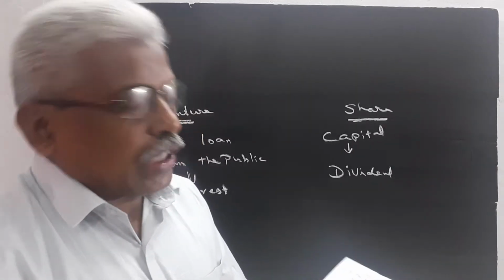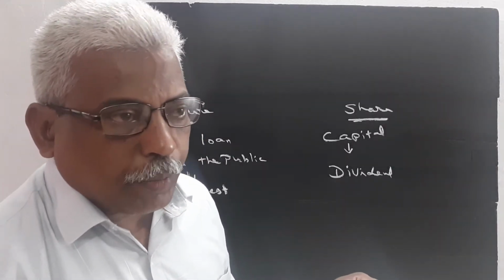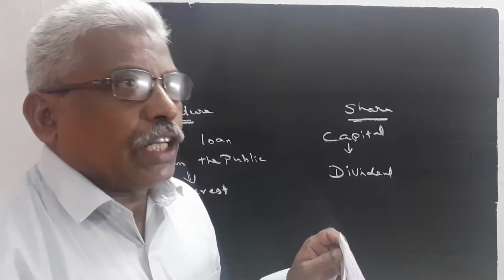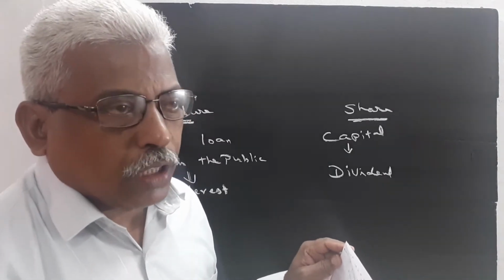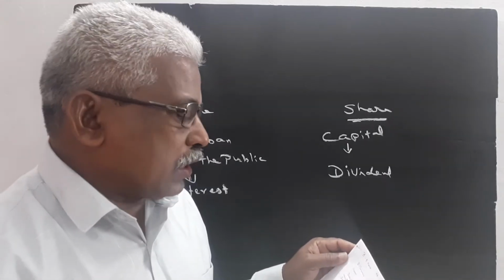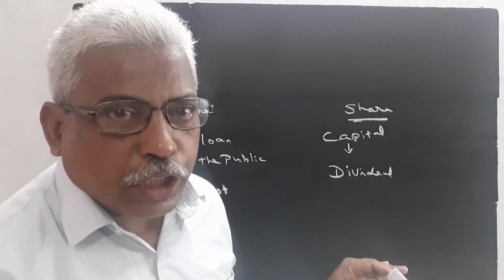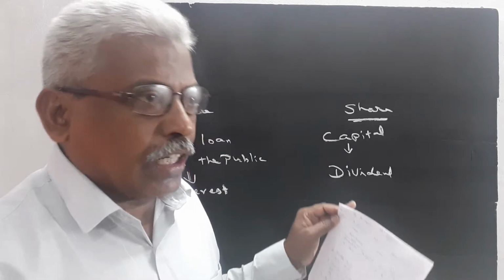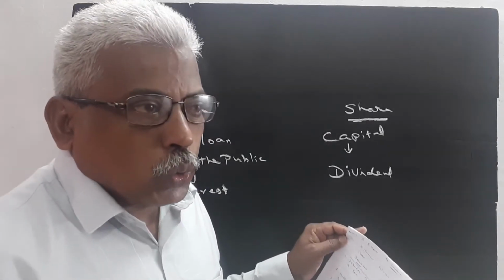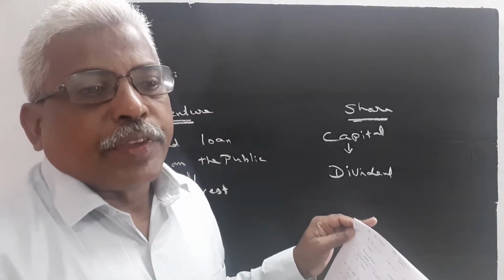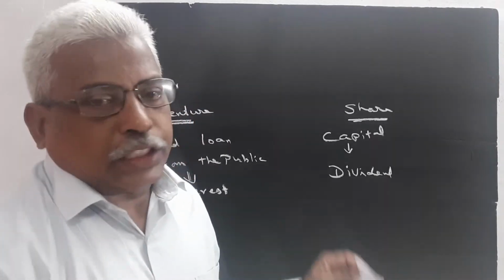We have to study these 10 points for the examination. Most probably you will have to write any 5 points, as it is a 5-mark question relating to debenture and share. But you have to study all 10 points. If you are thorough with 10 points, you will be able to write at least 5 points in the examination.